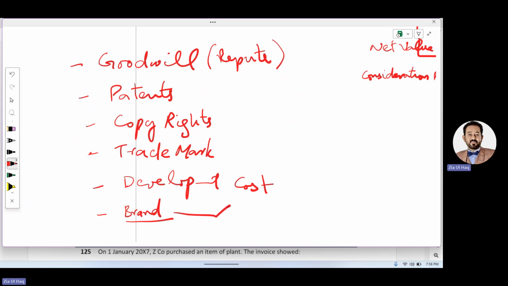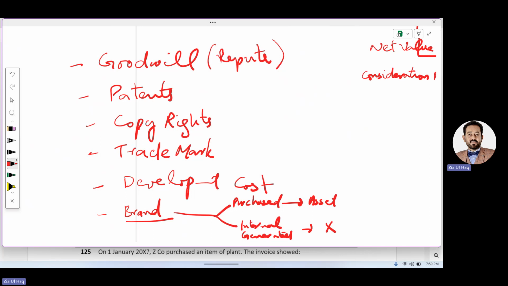Purchased brand should be capitalized as asset. Suppose I have created my own brand, I started a business and created my own brand. That is called internally generated brand. That should not be capitalized. We cannot record internally generated brand as intangible asset, but we can record purchased brand as asset, as intangibles.